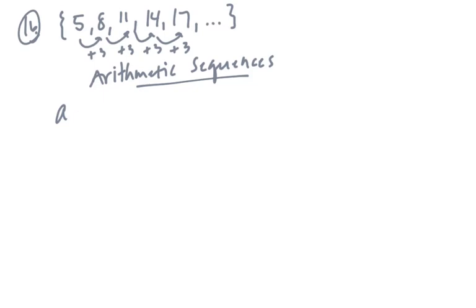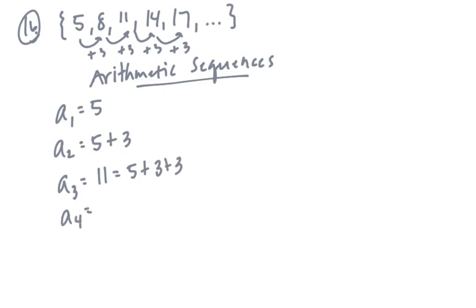I start with a sub 1 equals 5. And then a sub 2 equals 5 plus 3. And then a sub 3 equals 11, which is technically 5 plus 3 plus 3, right? And a sub 4 is 14, which is 5 plus 3 plus 3 plus 3. Are you seeing the pattern I'm trying to build for you here?